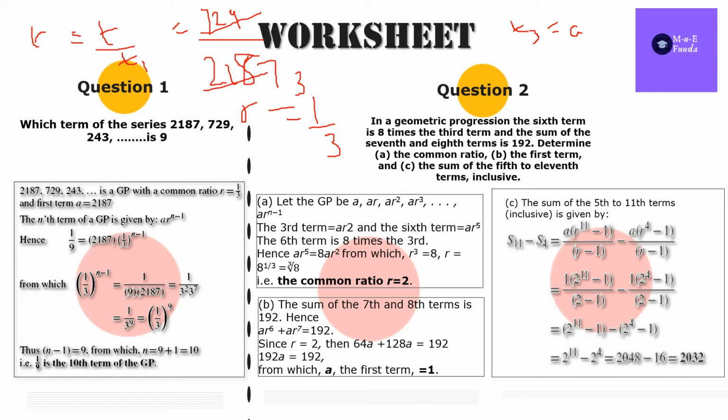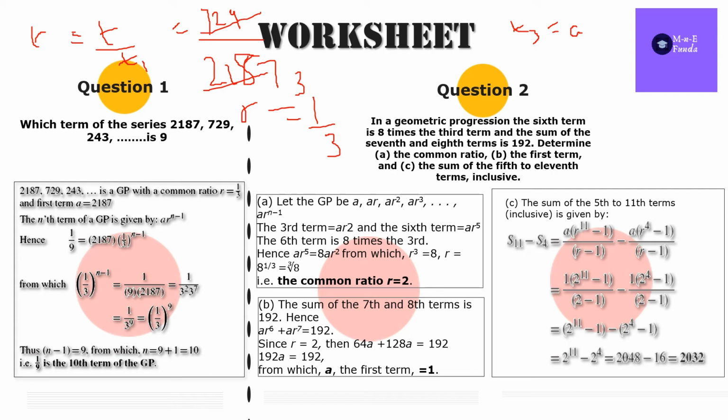Now we have to find out the sum of the fifth to 11th terms. So the sum of the fifth to 11th terms inclusive is given by S11 minus S4.